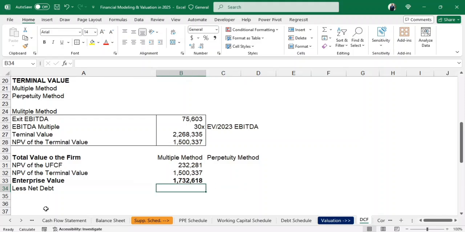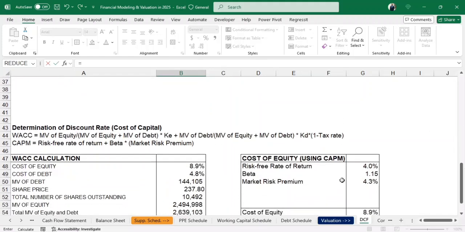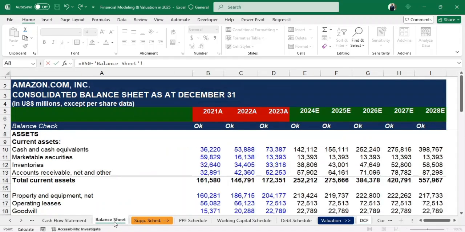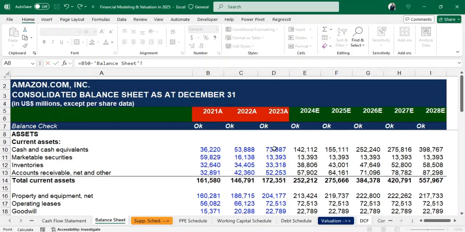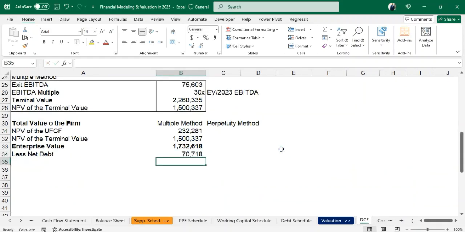So the net debt is going to be equal to our total debt, which is the market value of our debt from here, minus the cash and cash equivalents, which you can find from our balance sheet, and pick my cash and cash equivalents for the last period, which is 2023, and hit enter.